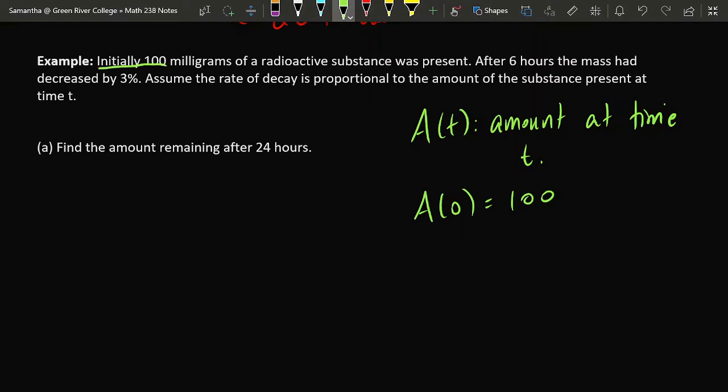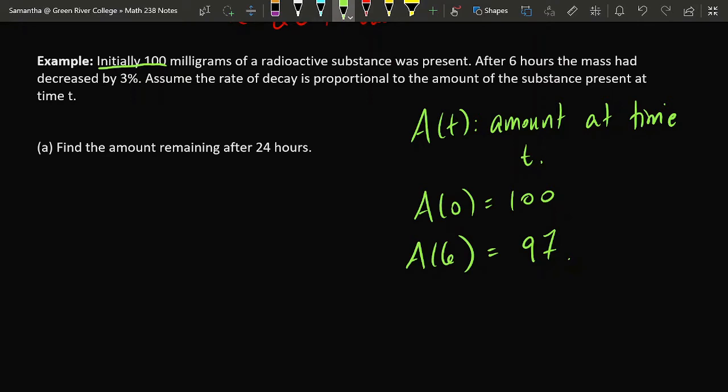Initially 100. Now after 6 hours, so when the time is equal to 6, the amount has decreased by 3%. If I take 3% off of 100, now I'm down to 97.